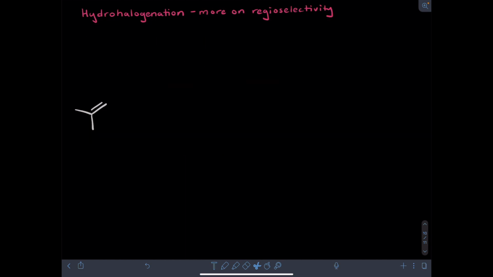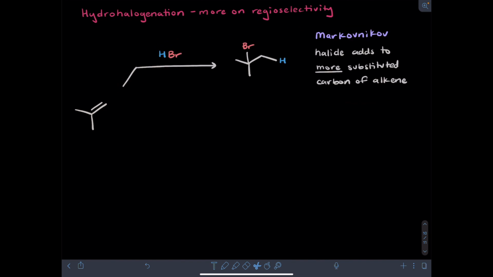The last thing I want to mention about hydrohalogenation is just a little bit more on regioselectivity. So the mechanism and other information I've shown you today have to do with Markovnikov addition, in which the halide, in this case bromide, is adding to the more substituted carbon of the alkene, meaning that hydrogen adds to the less substituted carbon of the alkene.